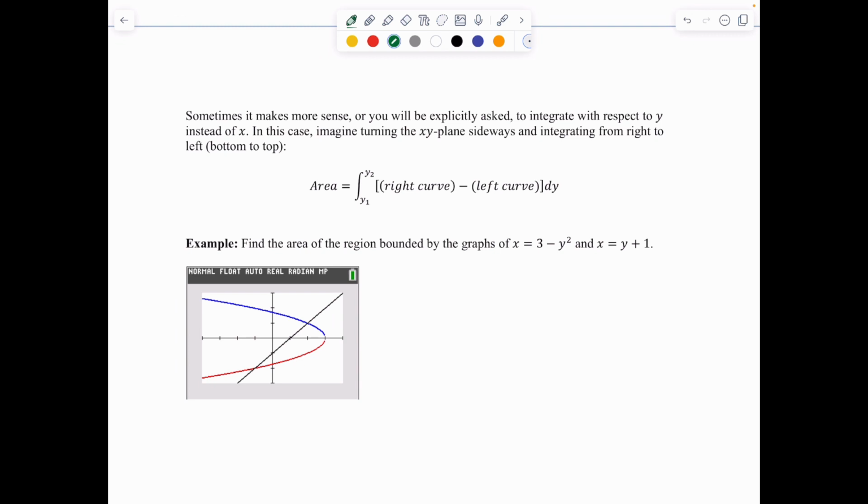However, sometimes it can make more sense, or you will be explicitly asked to integrate with respect to y instead of x. So in this case, you can think about turning your xy plane sideways and then integrating from right to left, which would actually, if you're looking at the xy plane as it normally is, you would be integrating from bottom to top.